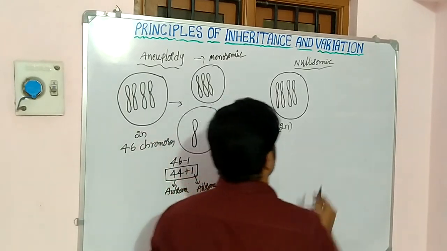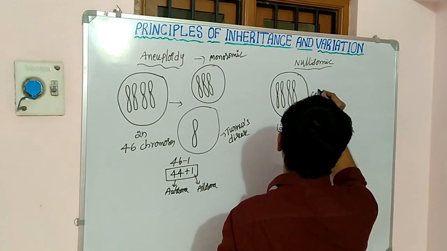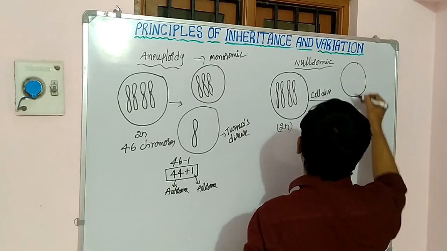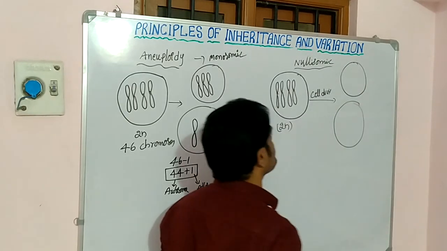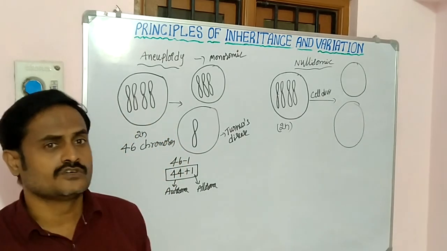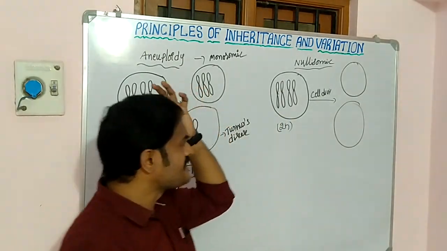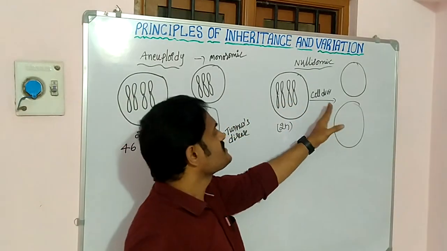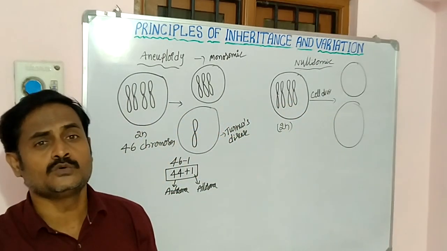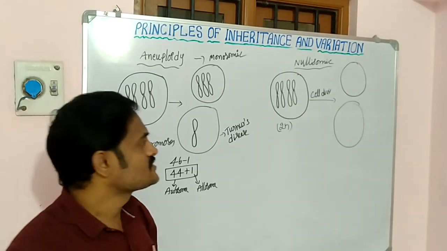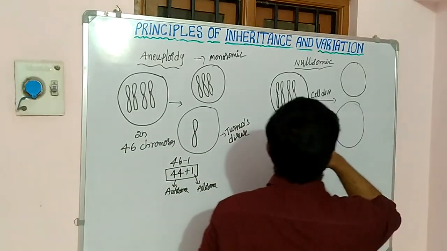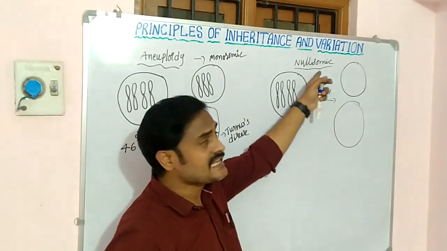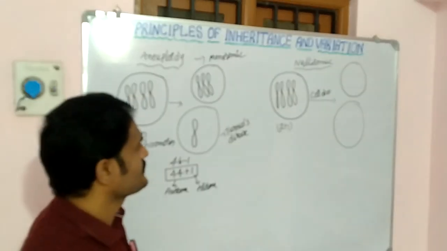When it participates in cell division, after completion of the cell division, two chromosomes are lost in the daughter cells. Here two chromosomes are lost. This is called what? Nullisomic condition.